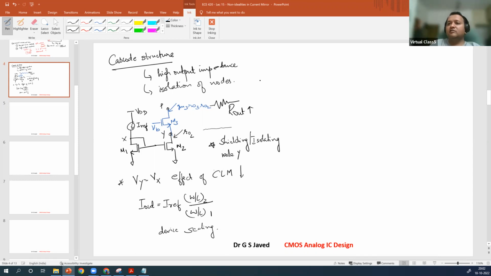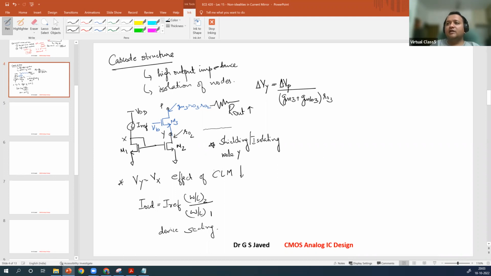Mathematically, the voltage at Vx or Vy will be given as, what is the P? Any delta Vp appearing at this node Vy is given by delta Vp times 1 over (Gm3 plus Gmb3) times Ro3.